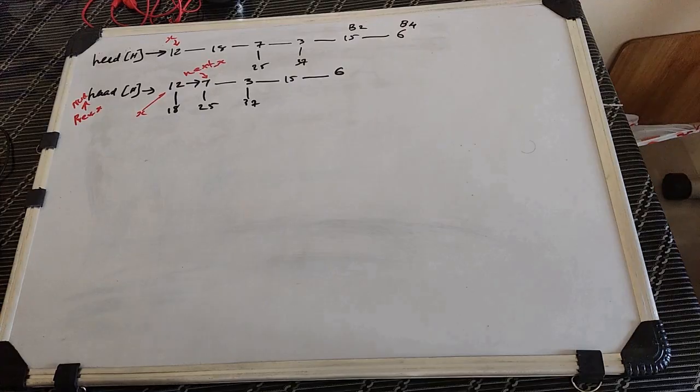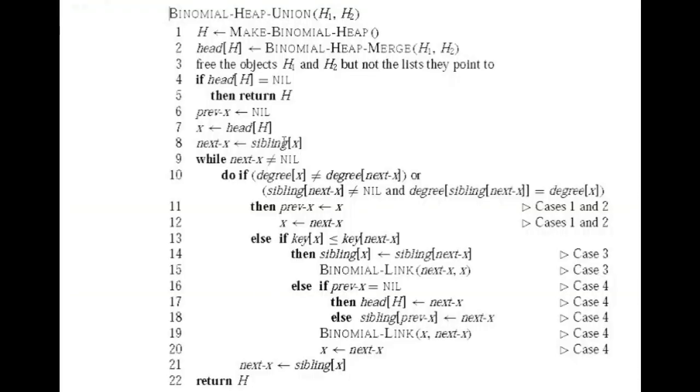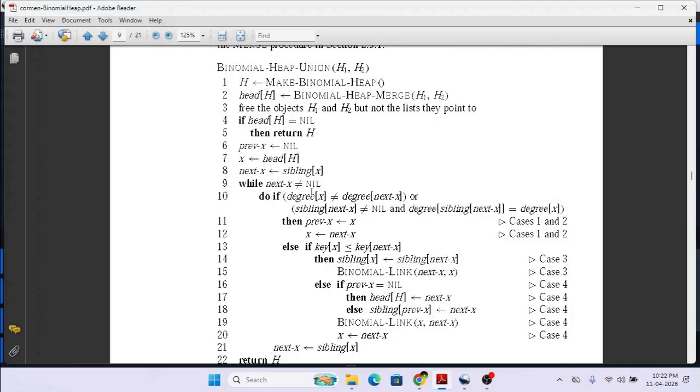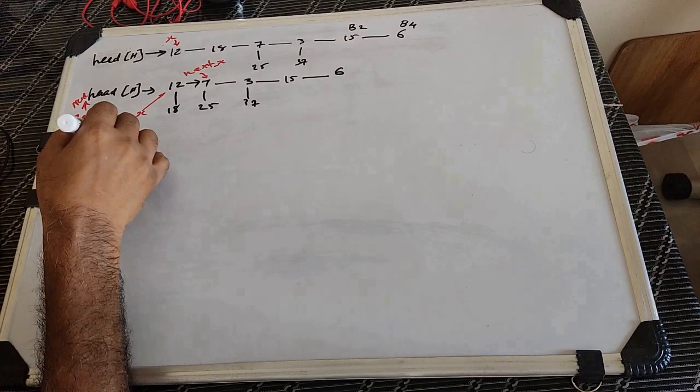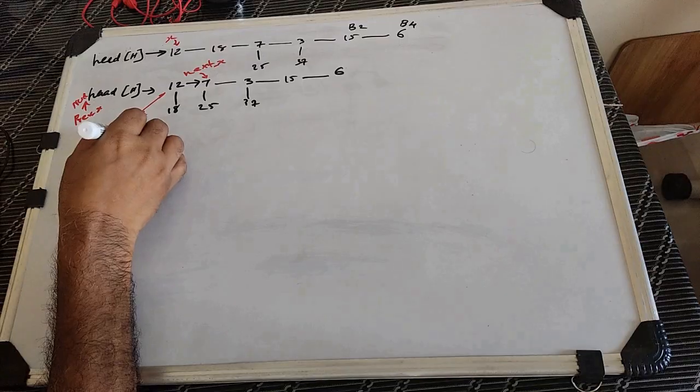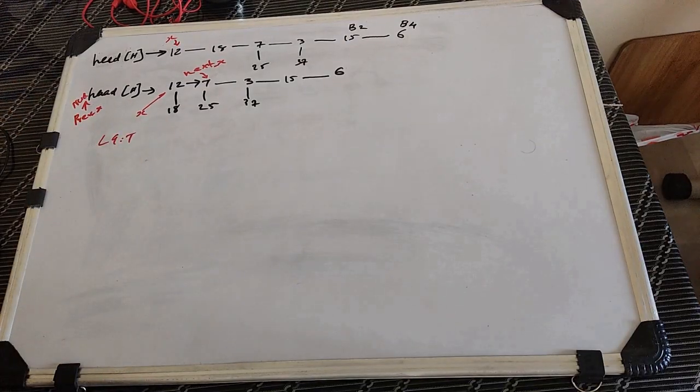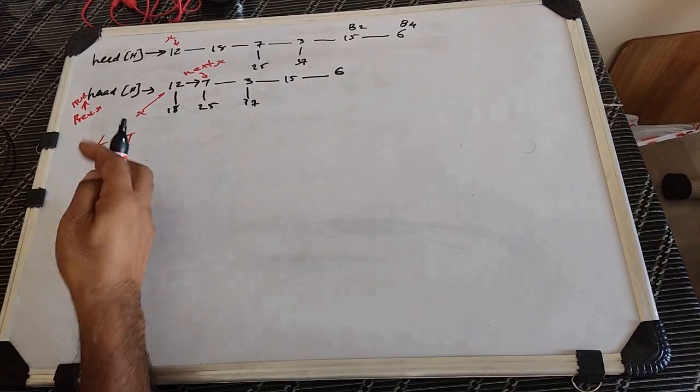Okay, in this case we are coming to line number 9. While next x not equal to null, line number 9 is true. Then we are coming to line number 10.